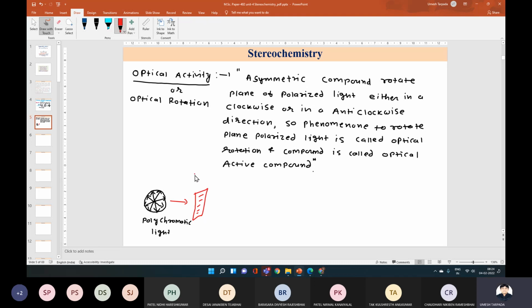This is a nickel prism. Whatever light is coming out from this filter has wavelength in a single direction. So this light is called monochromatic. It has components in a single direction.